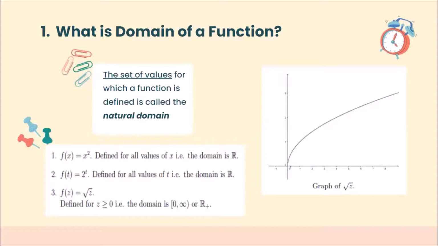And the third example is f(z) equals square root of z. Since a square root cannot be negative, this means that z is greater than or equal to 0 and the domain is from 0 to infinity, or all non-negative numbers. As you can see from the graph, it starts from 0 until it goes to infinity.